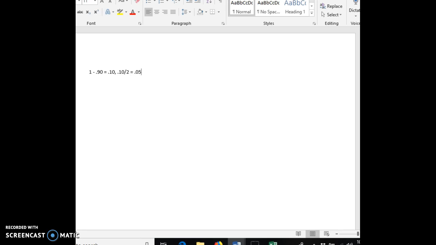So this process is always the same in any confidence interval. We always take our confidence level as a decimal, subtract it from 1, and divide by 2. Now, our next step is we're going to look up and find what z of this value is.